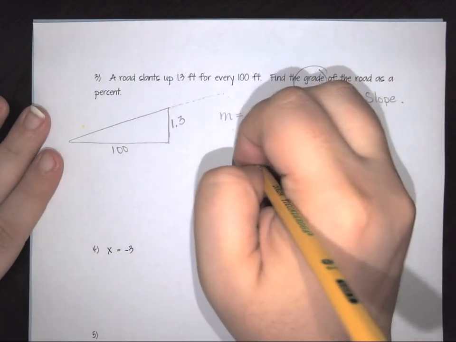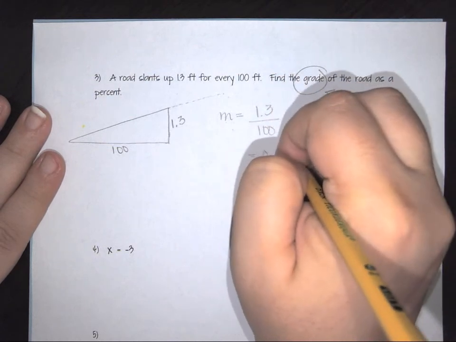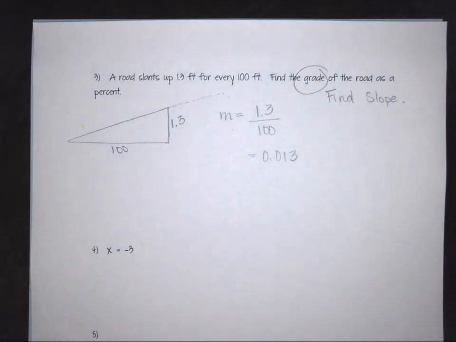Here you would find 0.013, and that would be your decimal, and that's talking about your grade. Your decimal you could change to a percent, which is very simple: you would multiply by 100%. And that's what we're looking for, just your slope.